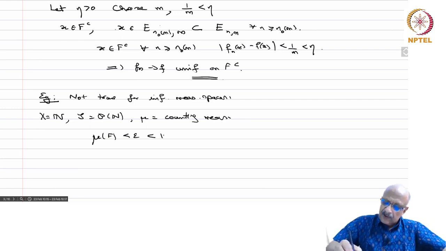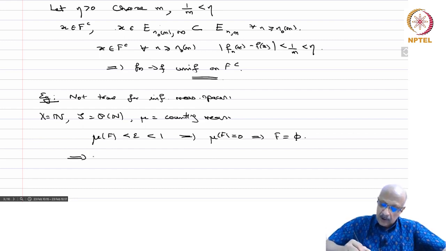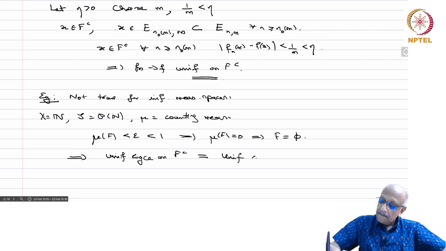If epsilon is less than 1, this implies that mu of F equals 0, which implies that F equals the empty set. Therefore, uniform convergence on F complement is the same as saying uniform convergence on N.